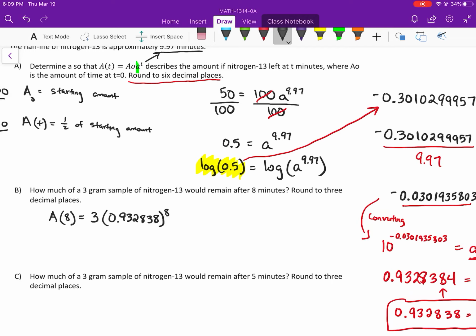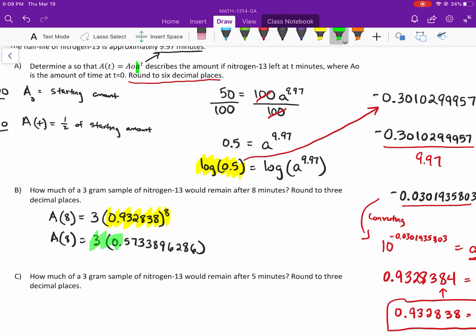Let me write that step out. The amount after 8 minutes equals 3 times 0.57338962886. Again, all I did was 0.932838 to the 8th power.